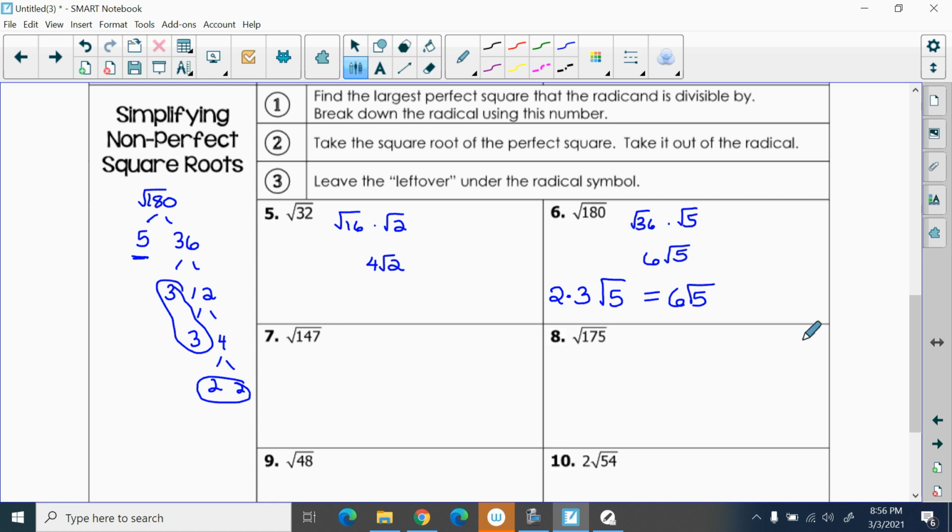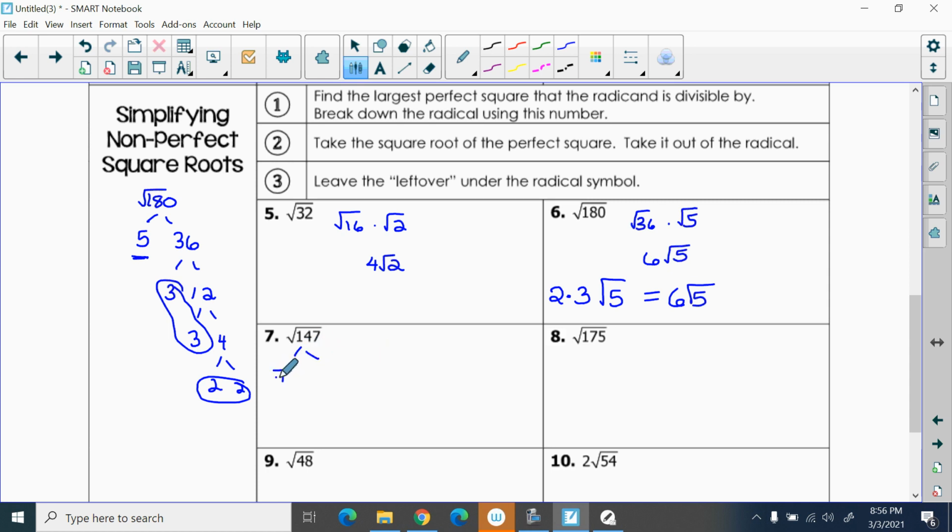Okay? Now, sometimes by dividing by a prime number, you can find that there's a perfect square in there, like I did right here. So you can stop right there if you wish, but it's up to you. Now here I have 147. Now I know 147 is divisible by 7, so let's go ahead and factor that out, all right?